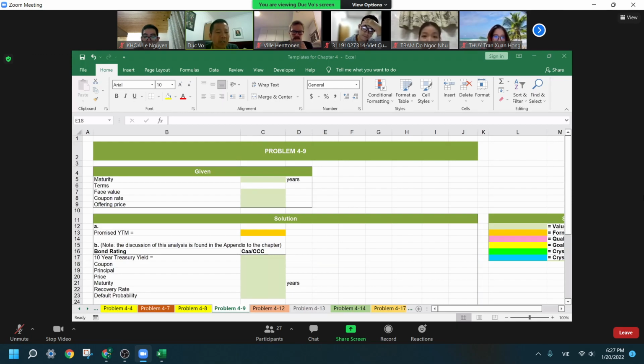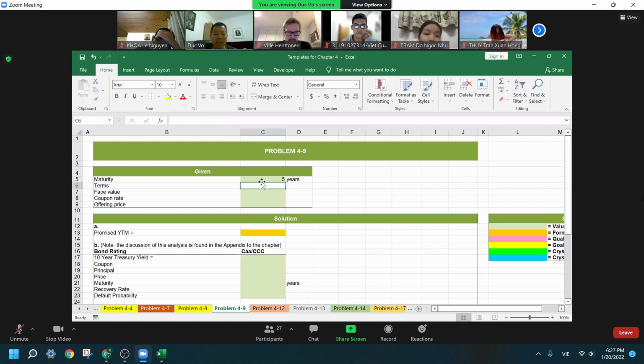So this question asks us how you work out the true cost of debt when you are facing the probability of default. And the information provided is very easy. If you read problem 4.9, they say that the bond lasts for 5 years. So I put here 5 years.